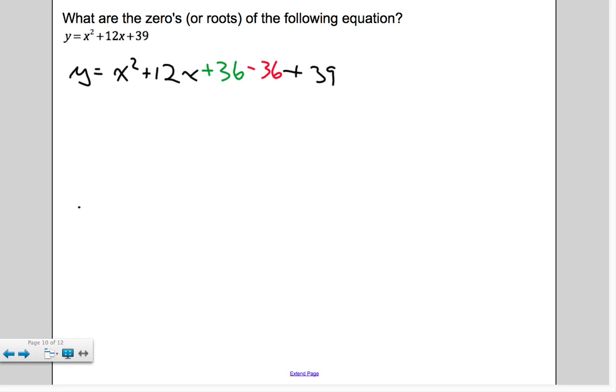So we add 36 and subtract 36 to complete that square. So here we get y is equal to x plus 6 quantity squared, what we're aiming for.